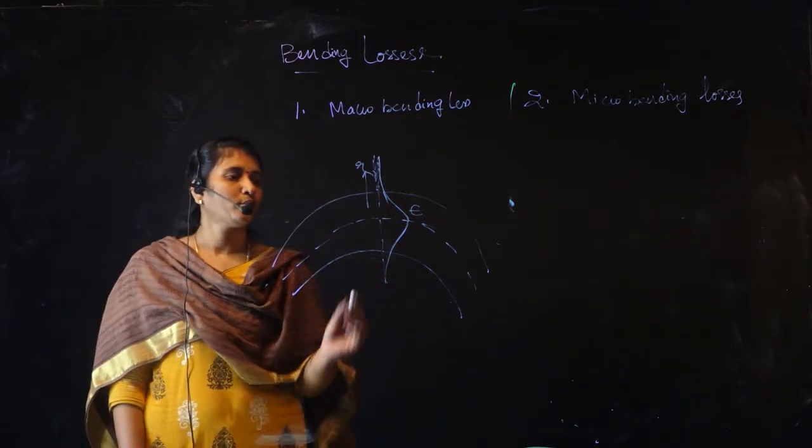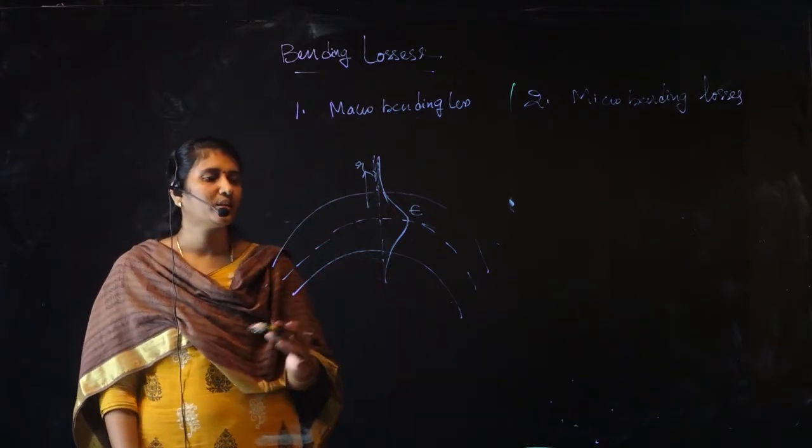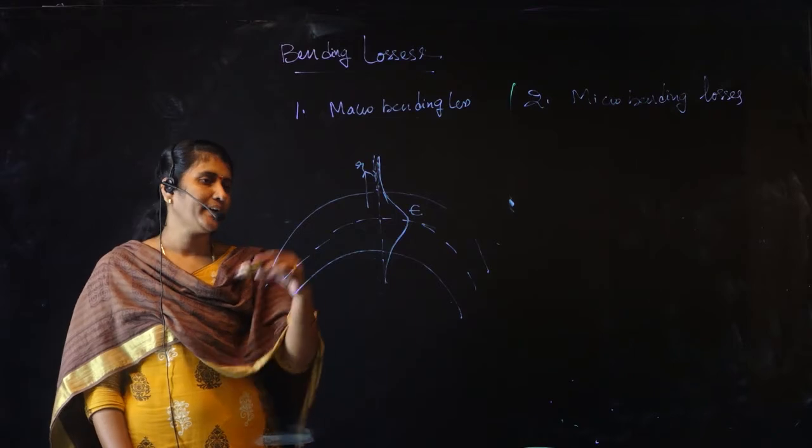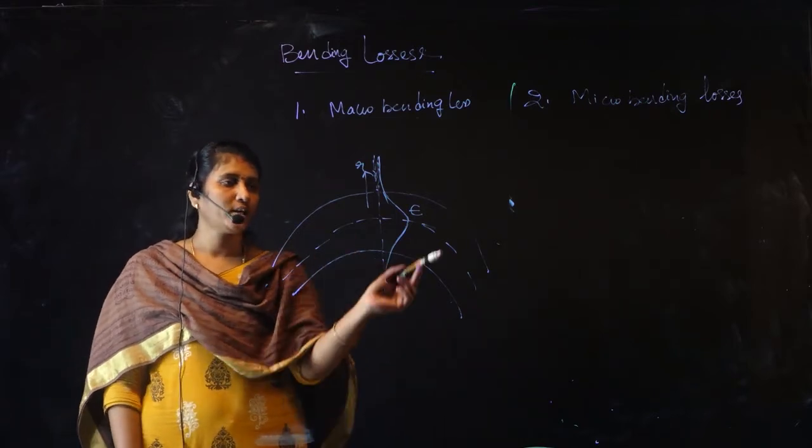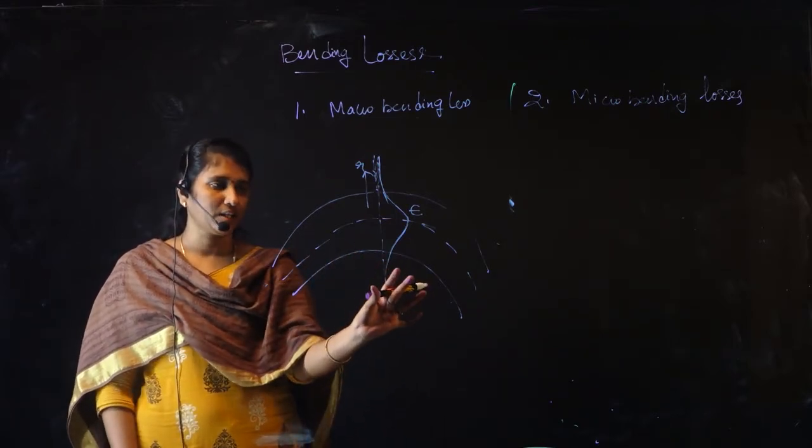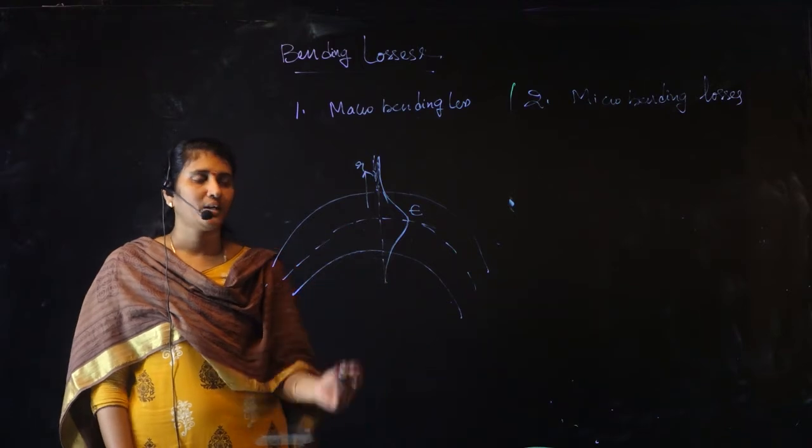So here the macro bending generally occurs in an optical fiber when the optical fiber has been bent for a longer curve. If a longer curve of bend of the optical fiber occurs, then the macro bending losses will occur.